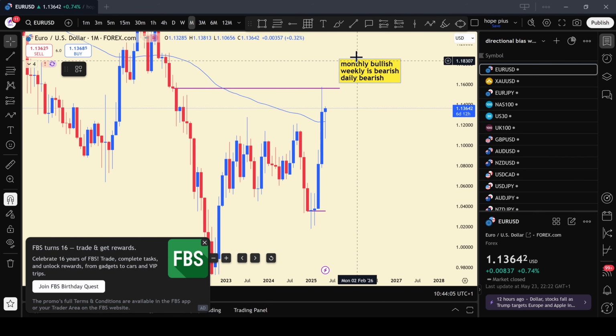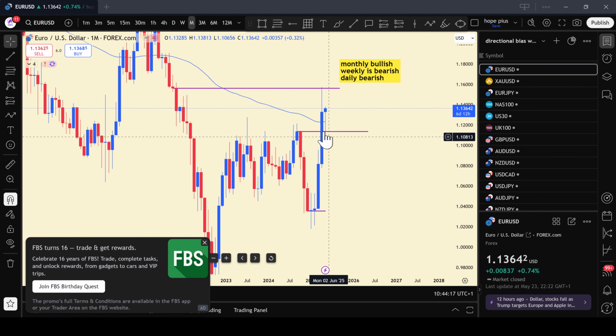Monthly bullish, this was our target, and the price rejected, and then we closed above this, and we're getting a retest there. So monthly is still bullish. Then last week we said the weekly was bearish and the daily was bearish. Let's see if we still maintain that level.